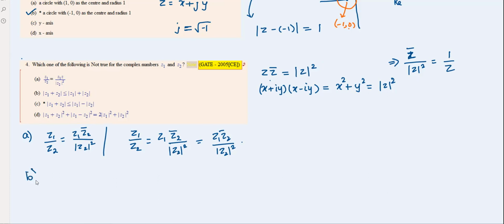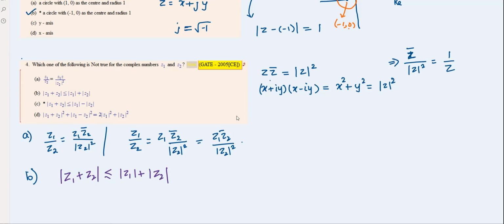Second, mod of z1 plus z2 is less than or equal to mod Z1 plus mod Z2. Is this true according to complex numbers?